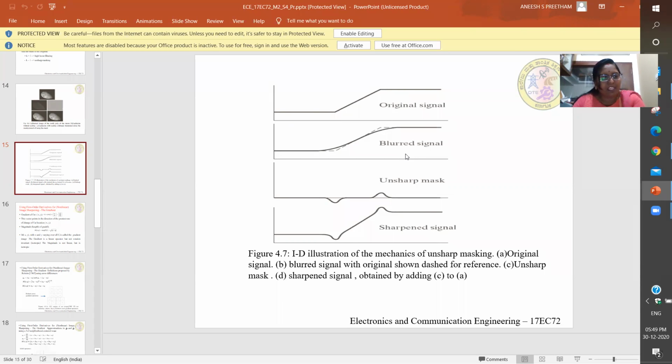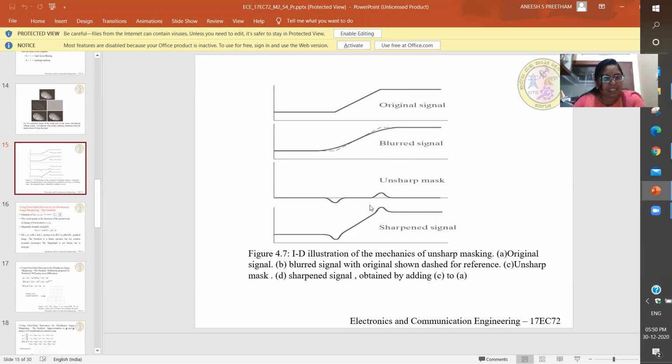Figure B shows the result of smoothing superimposed on the original signal, shown with respect to the reference lines as can be seen here.